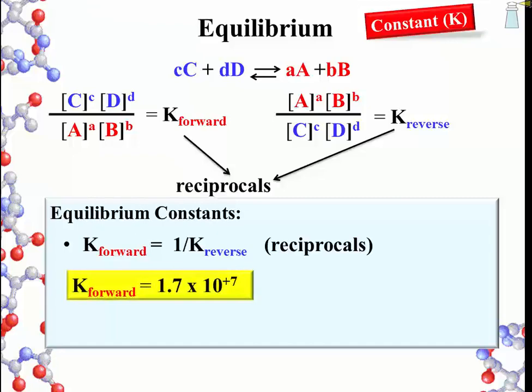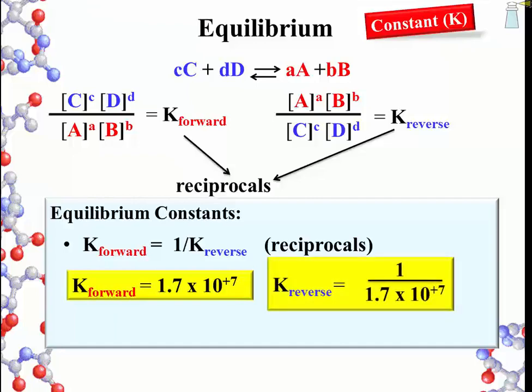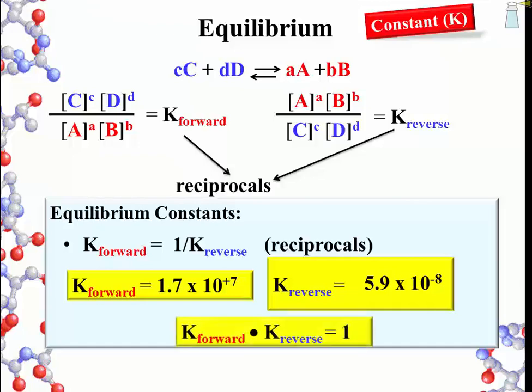As an example, if the equilibrium constant for a reaction written in the forward direction is 1.7 times 10 to the 7th, then the equilibrium constant for that reaction written in the reverse direction is 1 over 1.7 times 10 to the 7th. My calculator gives that value to be 5.9 times 10 to the minus 8th. A way to make sure the math is done correctly is to multiply K forward by K reverse. Being reciprocals, they should multiply to 1.